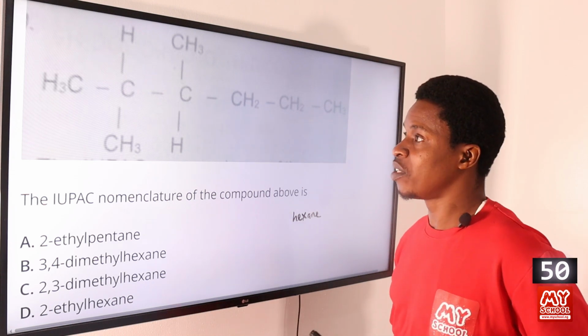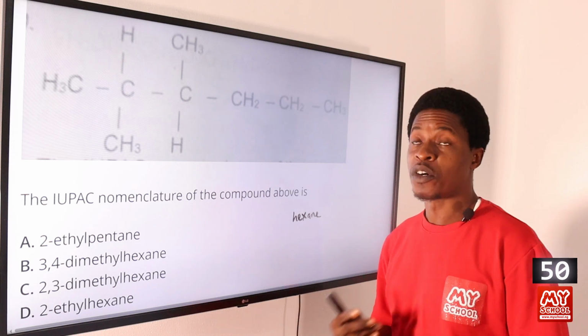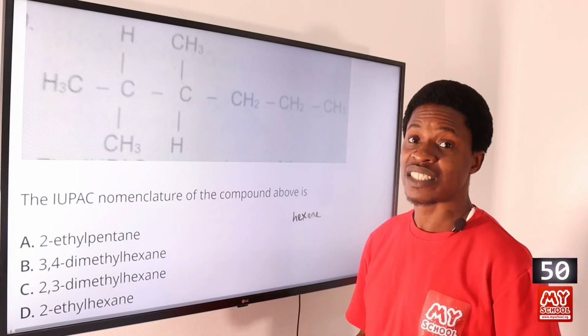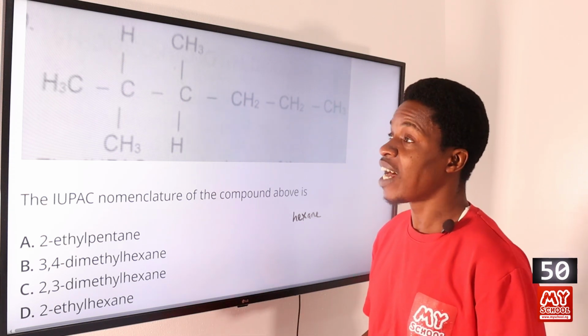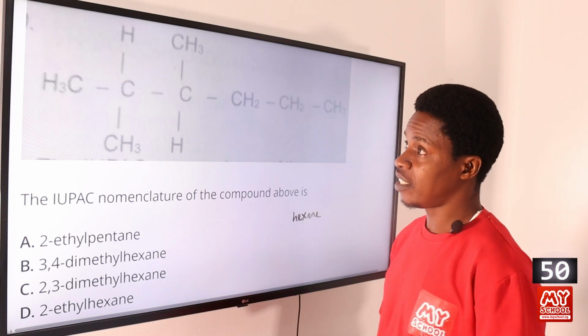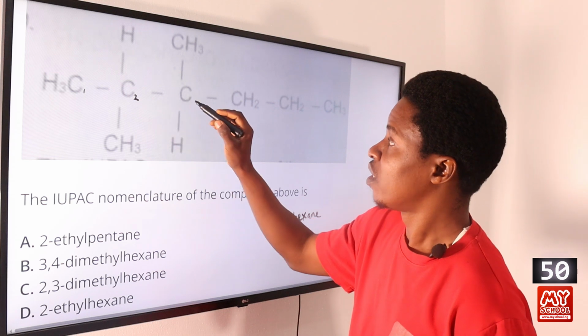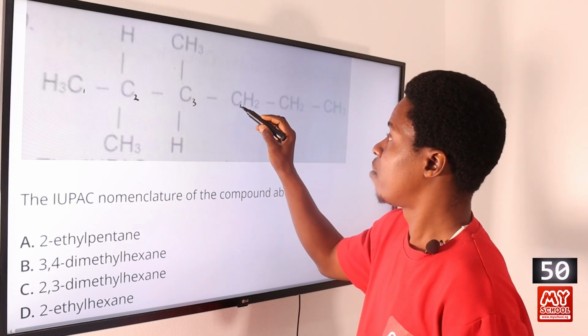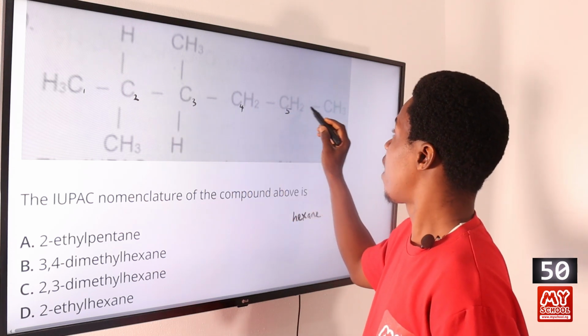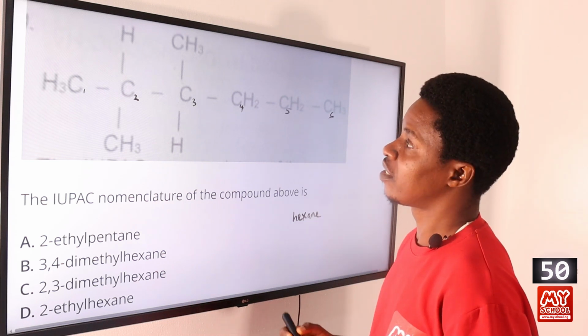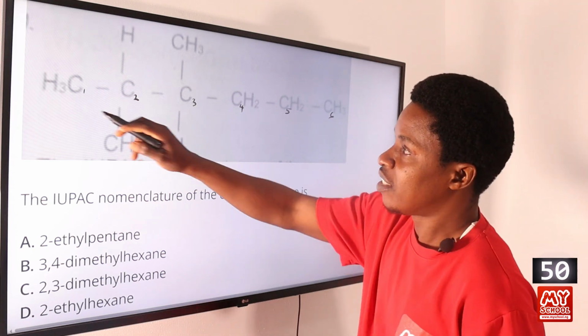So the next question is, do we have any functional group that is acting as a substituent? This is carbon 1, carbon 2, carbon 3, carbon 4, carbon 5, carbon 6. Yes, this is the straight chain.